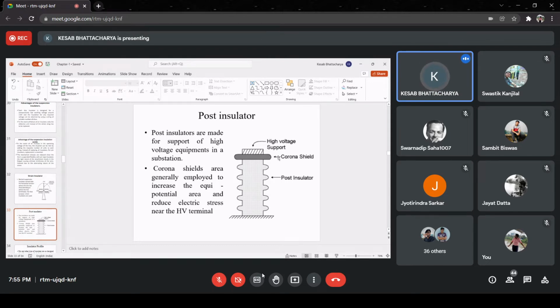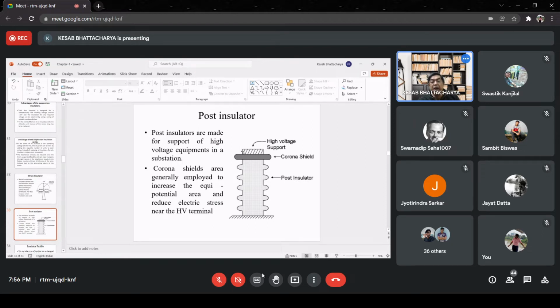Another thing is that this high voltage electrode is not directly placed on the ground, but instead it is placed on a corona shield. Why? If this corona shield was not present, then what would have happened? Electric field lines coming out from the high voltage electrode would have terminated at the ground.